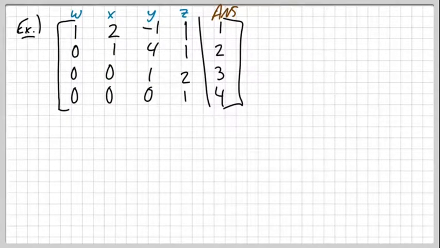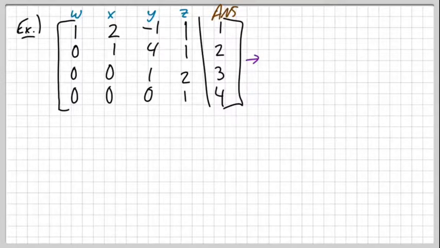Let's start at the bottom here where we have 1, so that would be 1z equals 4. So if we put this back into XYZ form, right, we already have an answer to start off with. Our last equation is going to say 1z equals 4 because all the other variables are zeroed out. Okay, so let's start with the top row there.